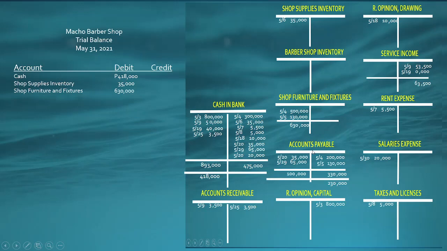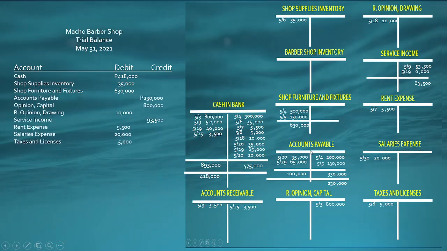We have here the payable. Being the first entry, you have to write the sign of the currency, and the rest will follow. Since it ends the balance of our T accounts or our ledger, the last entry would be the taxes and licenses, so you must write a single line there.